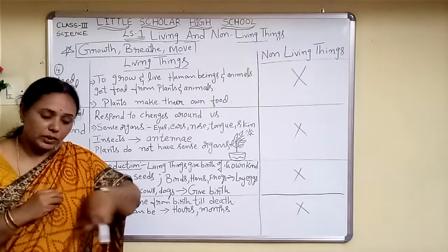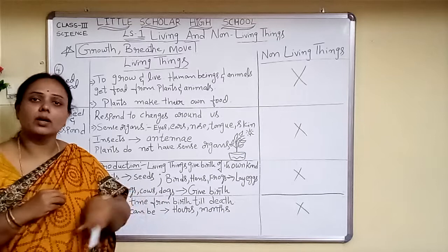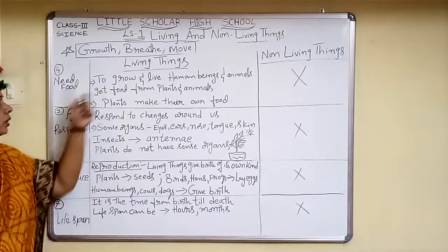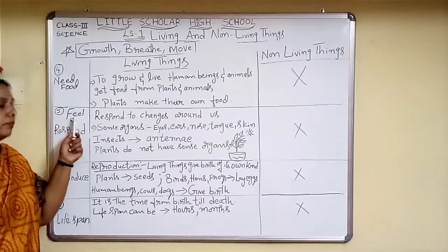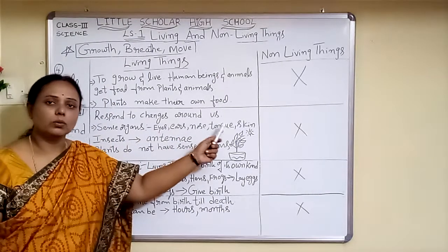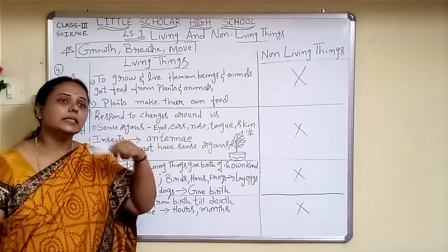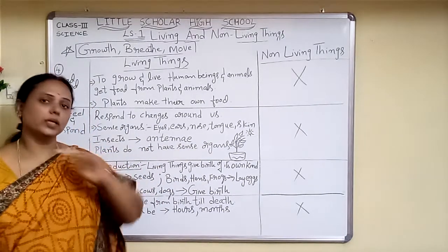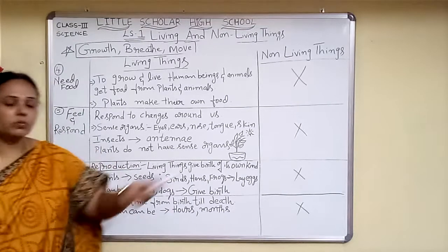Withdrawing your hand is called respond. That means all the living things feel and respond to the changes around us. We change our behavior, responding to the surroundings in which we are living.